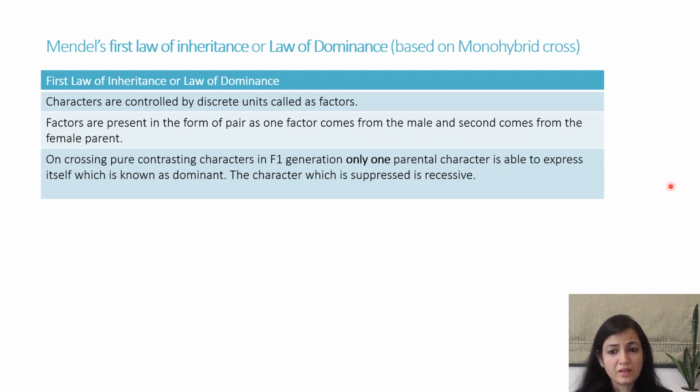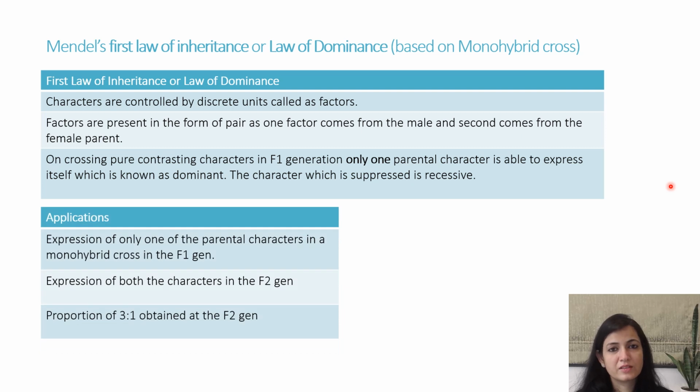Fine. Now the applications of the law of dominance, that is what it explains basically. The law of dominance explains the expression of only one parental character in the F1 generation. It also explains the expression of both the characters in the F2 generation.